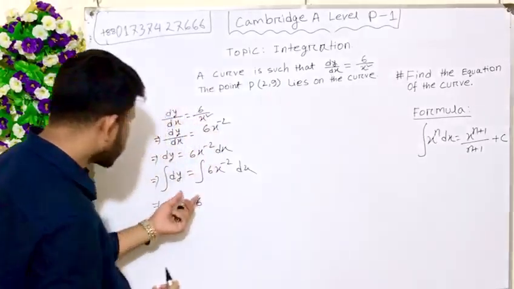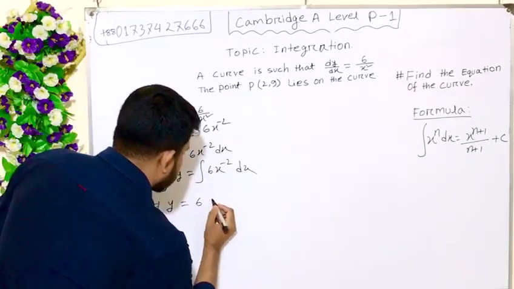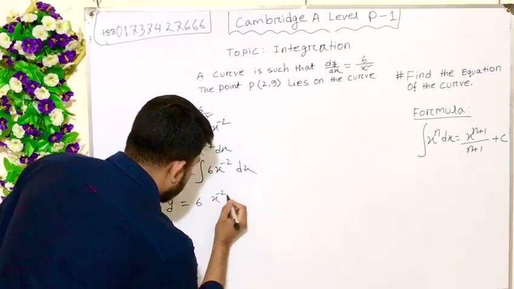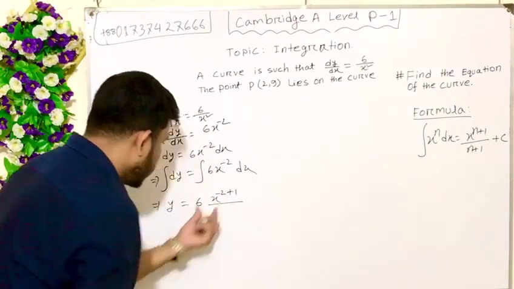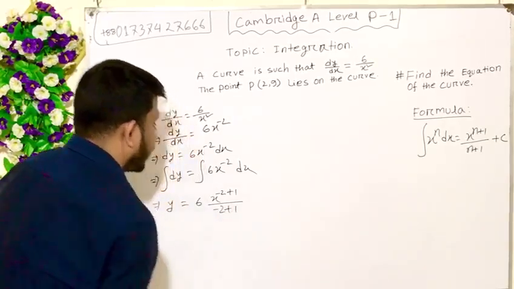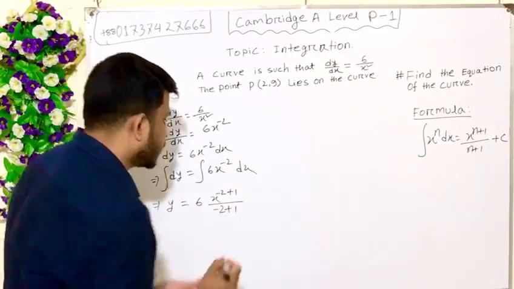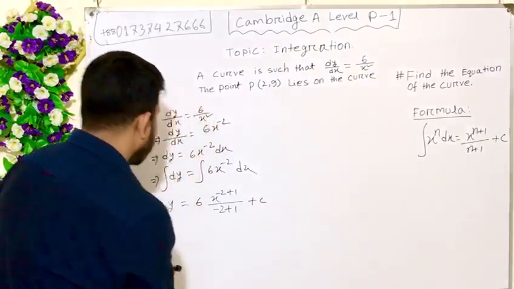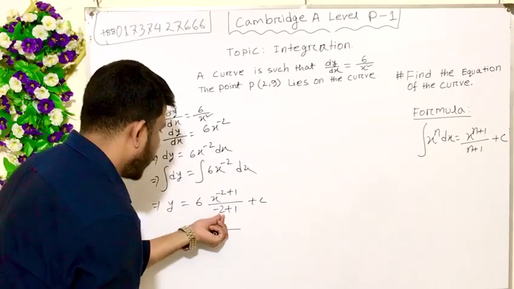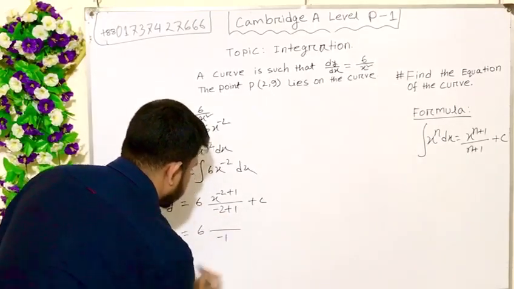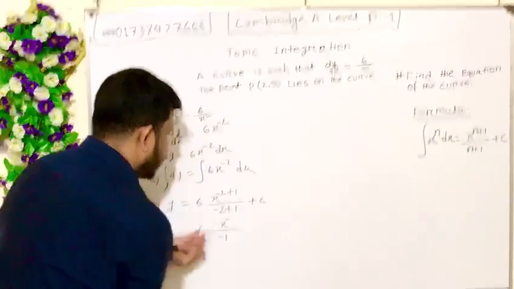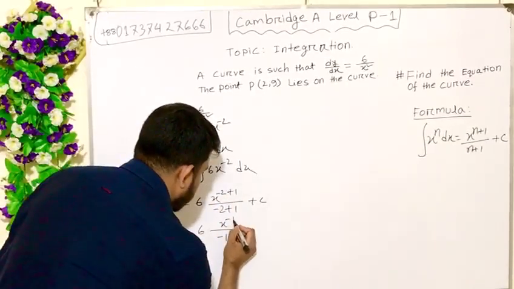Okay, so here x to the power of minus 2, added 1, and then this total thing we have to divide. That means minus 2 plus 1, and we have to add here constant c. Okay, so this is minus 2 plus 1, it will be minus 1, and this is x to the power minus 2 plus 1, it will be minus 1.